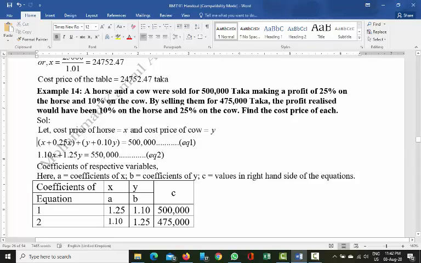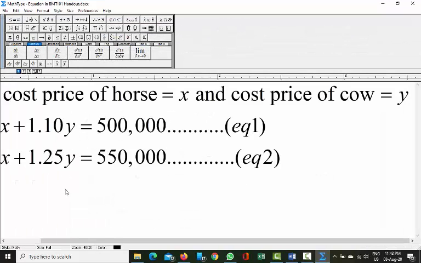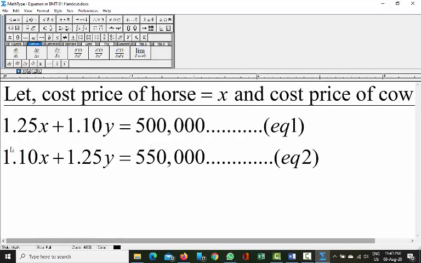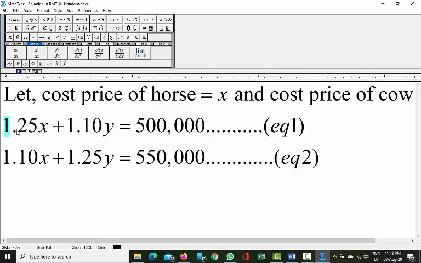So that means X plus 0.25x, that means 1.25x. Now if you assume that the cost of the horse is 1 taka and you are making 25% profit on it, then out of 1 taka cost you are making 25 paisa profit.